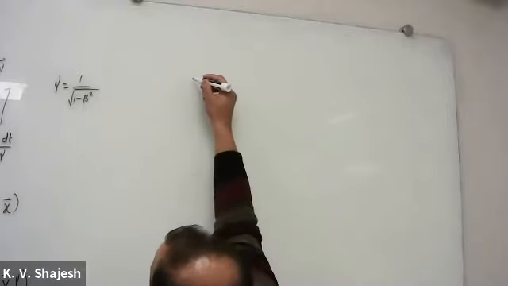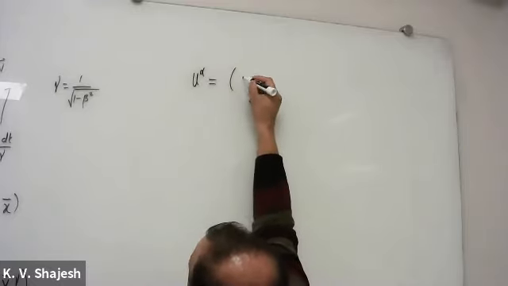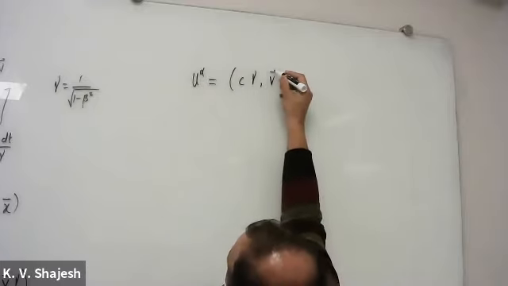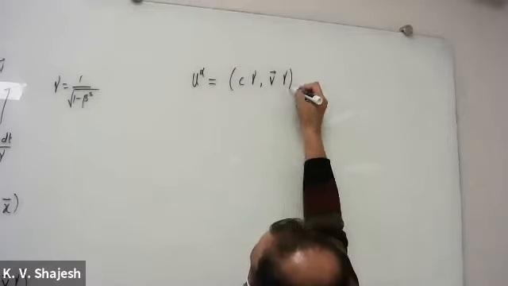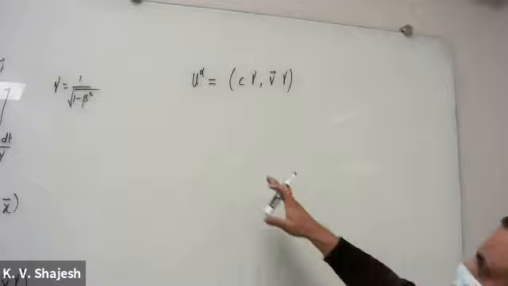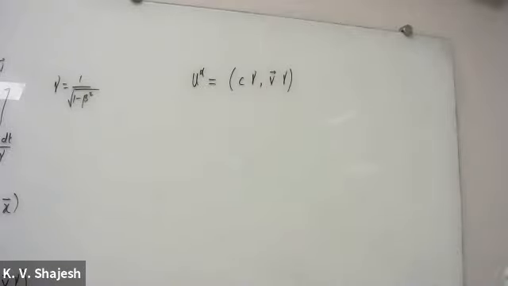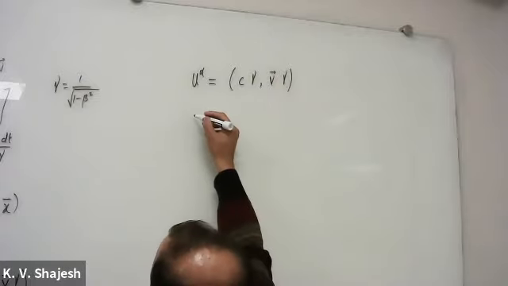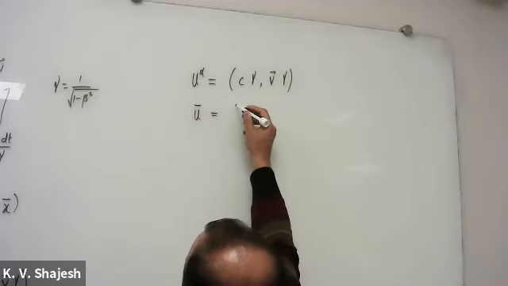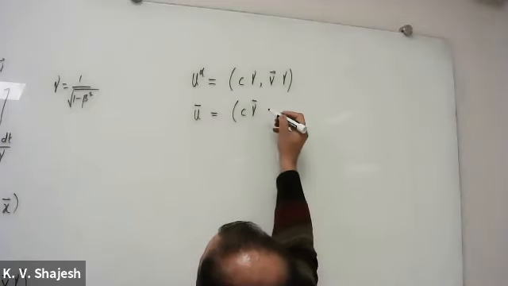so u alpha is equal to c times gamma and velocity times gamma. Gamma, remember, is 1 minus beta squared. That's in a particular frame we are talking about. If I change the frame, let's call this u bar. That's another frame. c gamma bar, let's say.